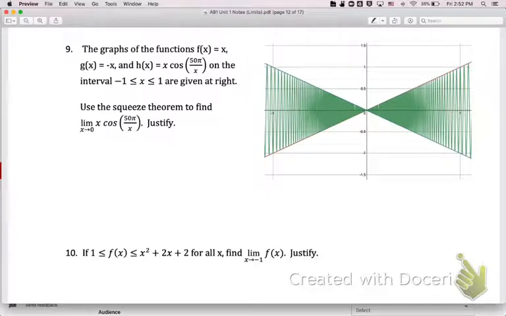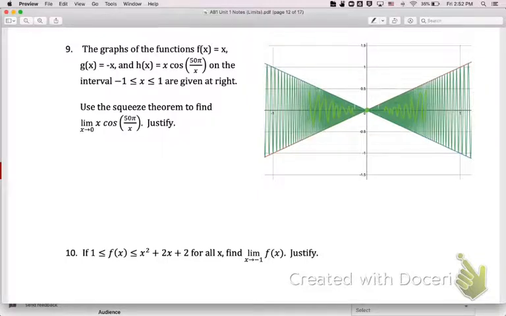You can see, physically, the idea of squeezing this function. It's getting smaller and smaller as we move towards 0, and we're squeezing it down to this single point. So even though it's an oscillating function, it appears that it's approaching 0. But we'll have to determine that by using the squeeze theorem.